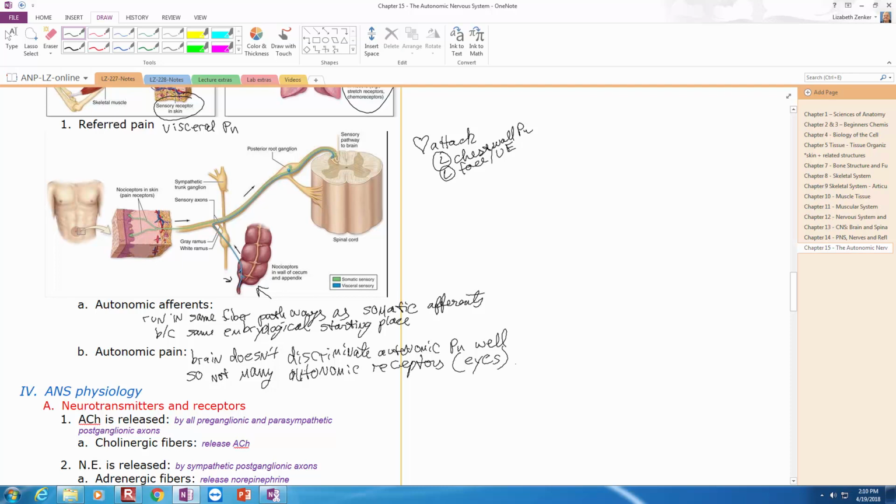So it starts at the same area, you get crosstalk, and with the somatic nervous system, you have additional sensory receptors, which are complex sense organs like your eyes. When you get hurt, you could look at it and see it, but you can't see your heart, so autonomic is limited with that additional input.